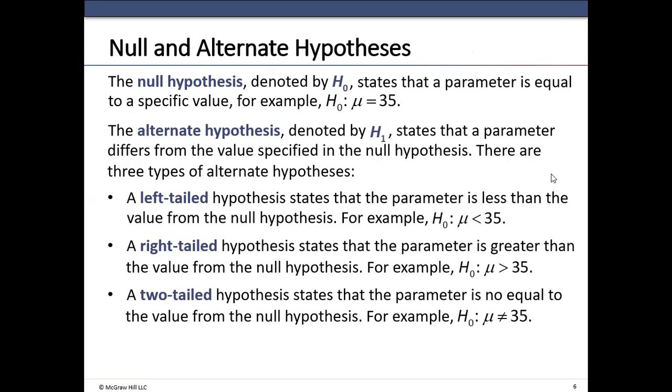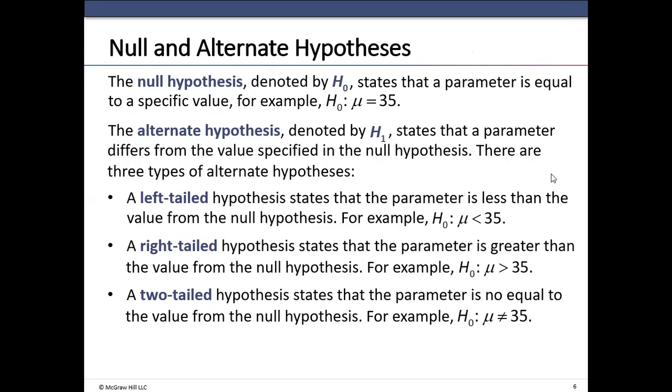For example, H sub 1 colon mu greater than. Notice the symbol indicating greater than, two slanted lines meeting at an edge pointing to the right. It is a right-tailed test. A two-tailed hypothesis test states that the parameter is not equal to the value from the null hypothesis.